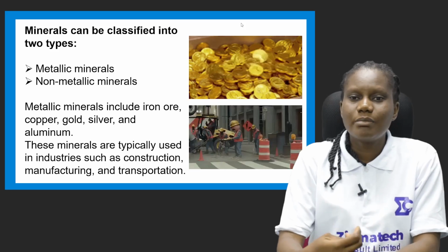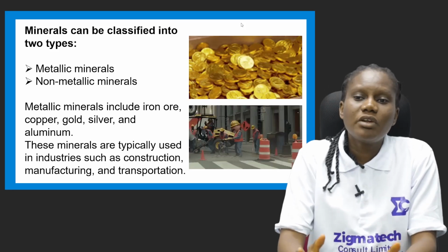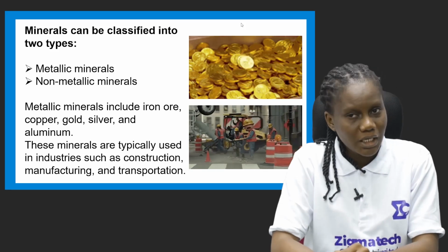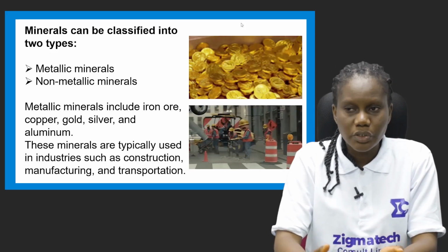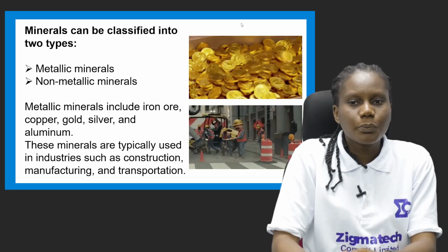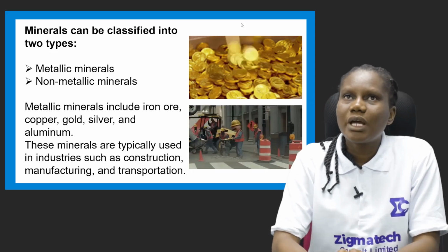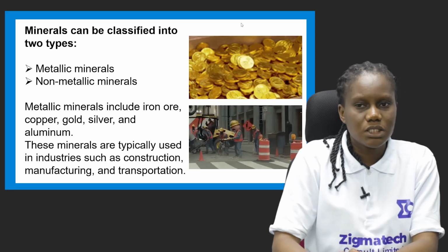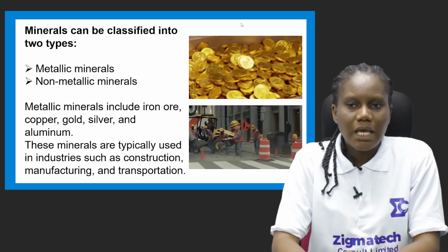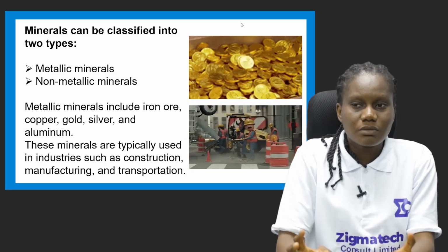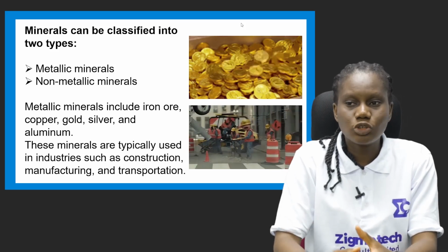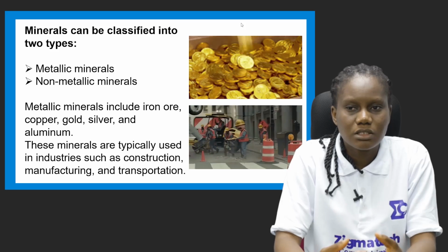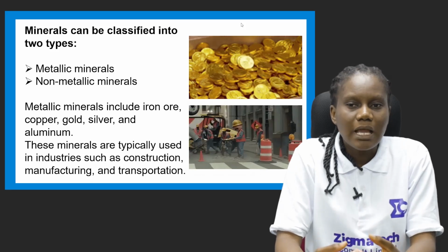So let's look at the metallic minerals. Metallic minerals include iron ore, copper, gold, silver, and aluminium. If you remember in one of our classes when we talked about metals, I mentioned how you're going to know a metal is that they are attracted by magnets.